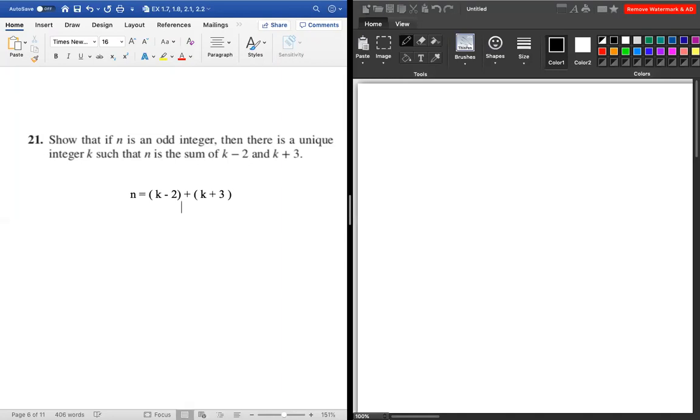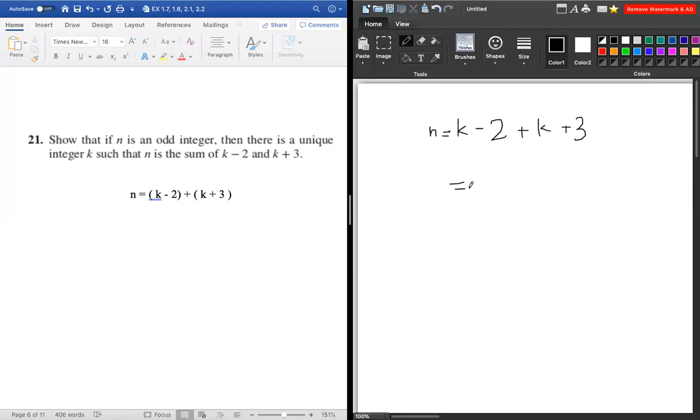If we solve this, using the usual reversible rules of algebra, we solve for k. So we have n equals k minus 2 plus k plus 3.